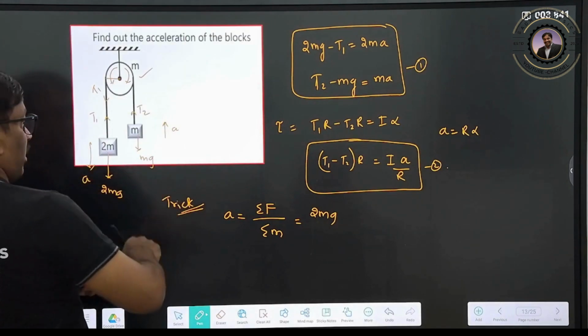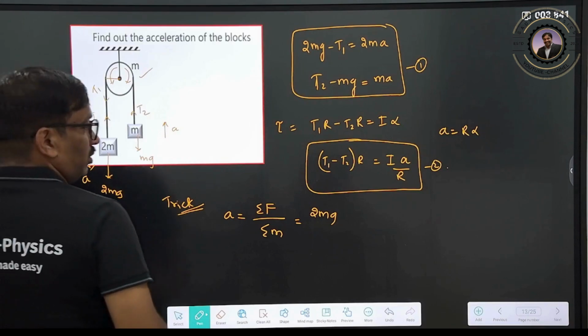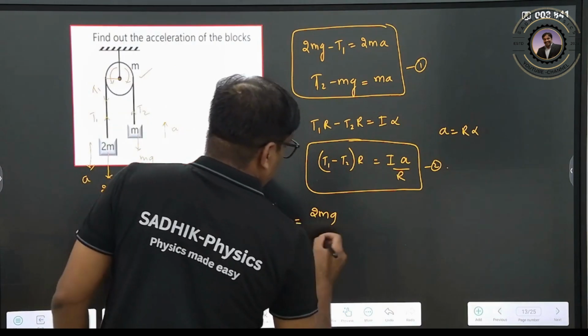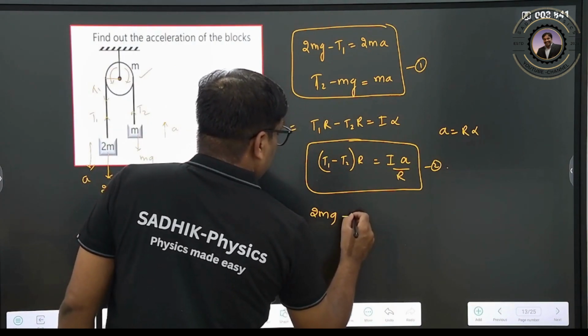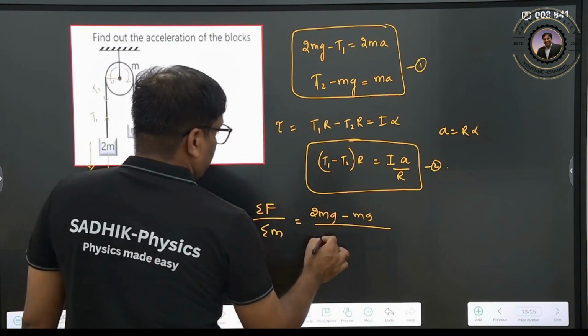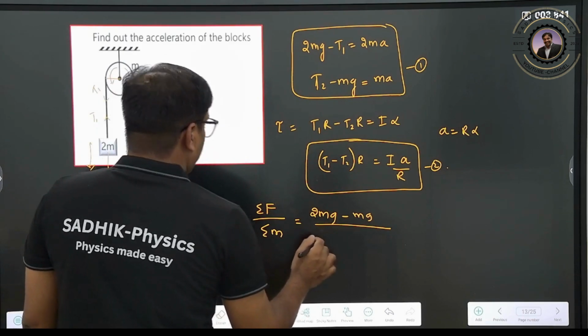Both are acting on this one, so what is the total net force? This side is pulling, and this side is pulling, so it will be 2mg minus mg, divided by the total mass. Why minus?